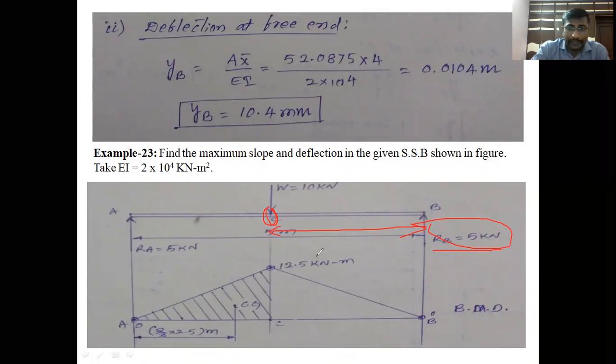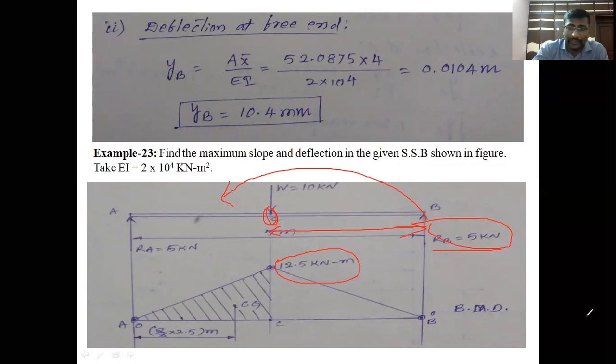So 5 into 2.5 is 12.5 kilonewton meter, which is in which direction? Anti-clockwise direction. That's why positive. Positive moment will be developed by the reaction force at point C. Therefore, 12.5 kilonewton meter is the positive moment.